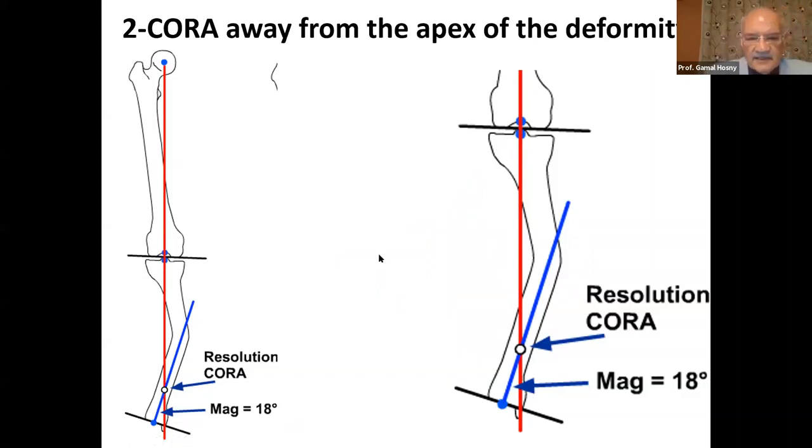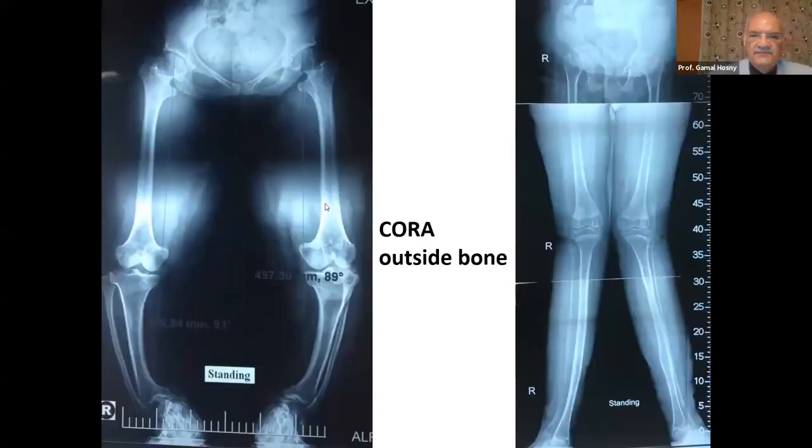And this is a clinical example. This is a case of long-standing achondroplasia without any treatment before, and you have this severe deformity. If you draw the mechanical axis of the proximal segment and the mechanical axis of the distal segment, they are going to meet outside the bone. That means that you have two CORAs.